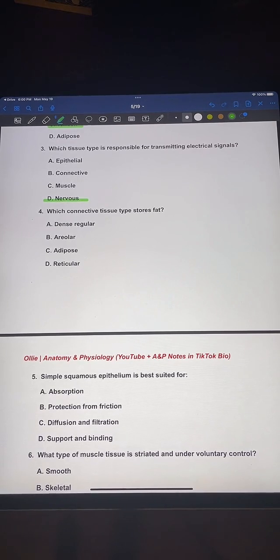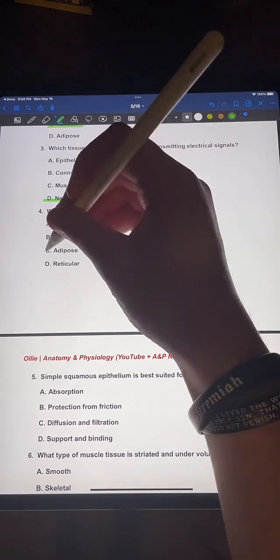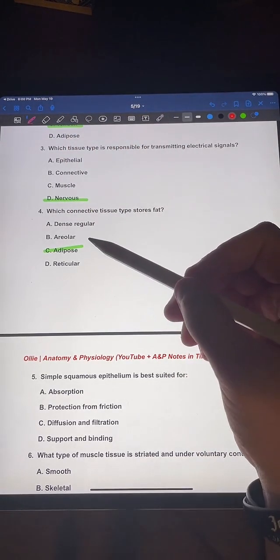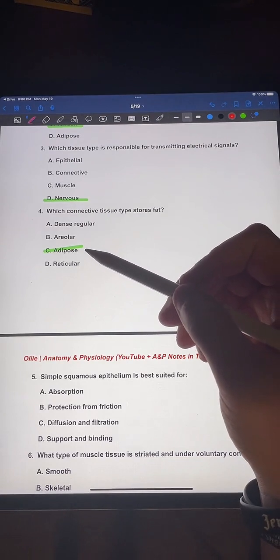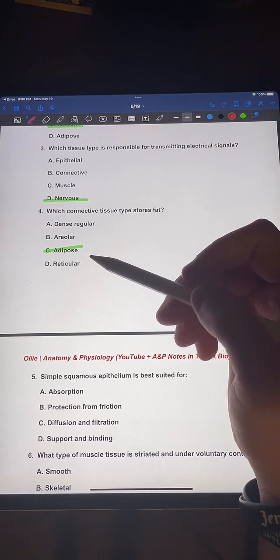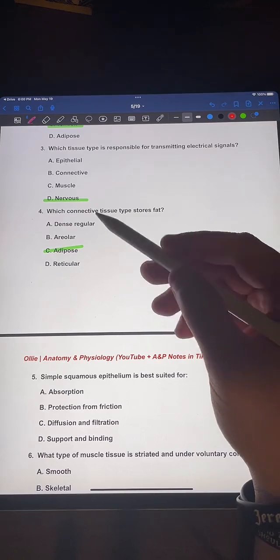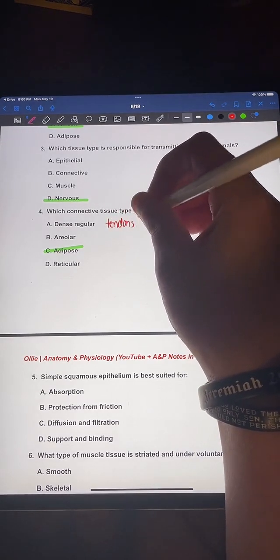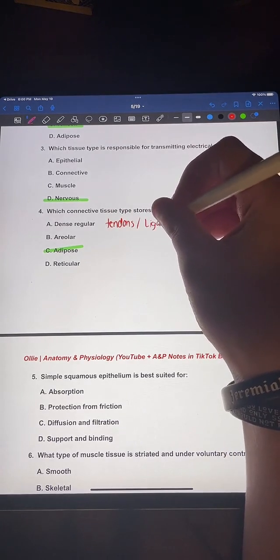The answer is going to be C. So adipose tissue is what is going to store our fat. These are specialized cells for fat storage. Dense regular, that's more for like tendons and ligaments.